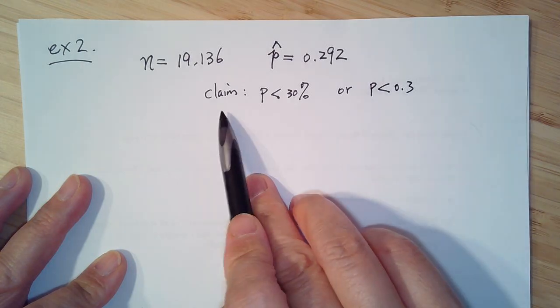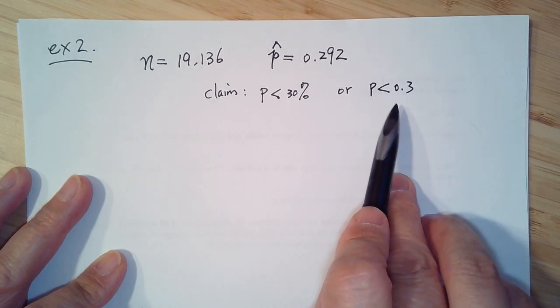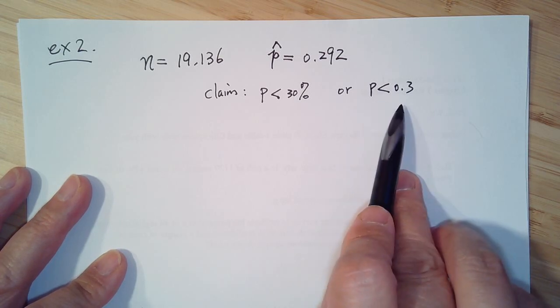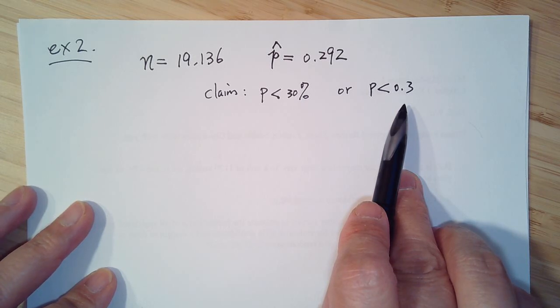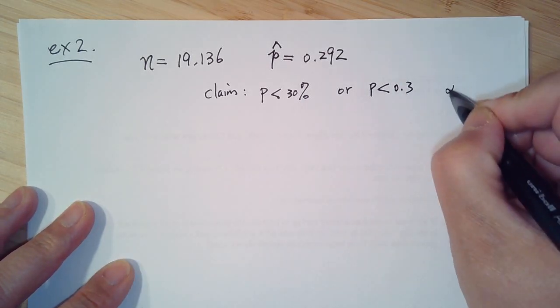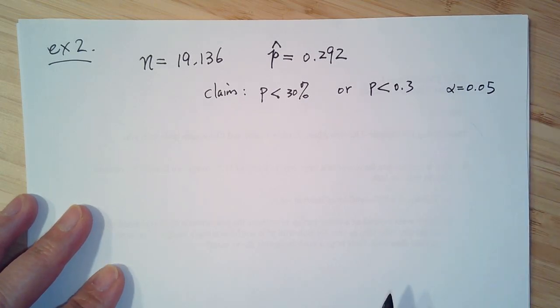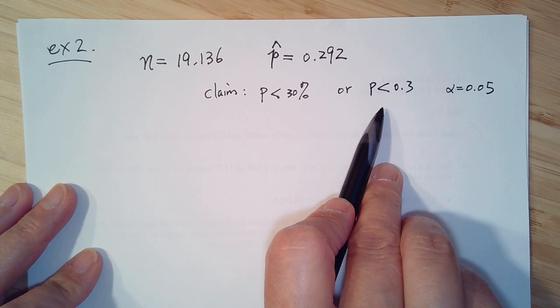So that's the claim: the proportion, less than 30% of American adults have sleepwalked. All right, and then we're going to use alpha 0.05. That's the question. So far we have pretty much all the information. So we already found the claim and translated it into math notation.